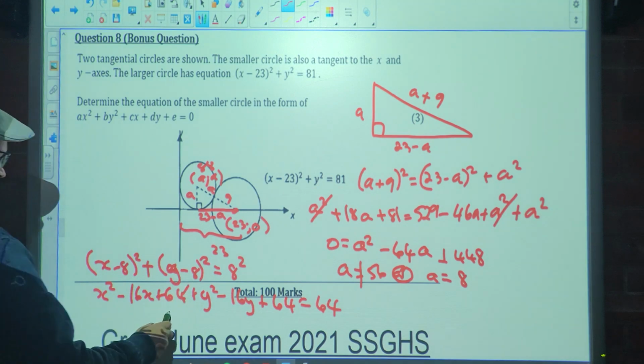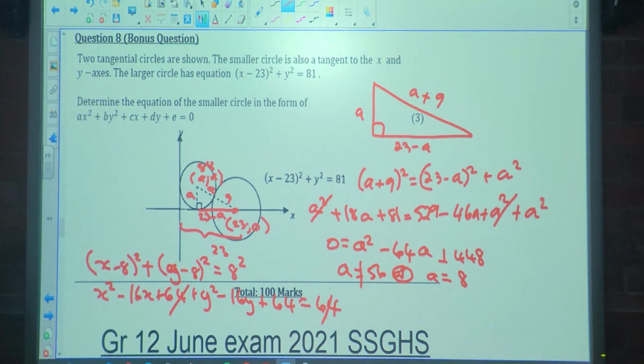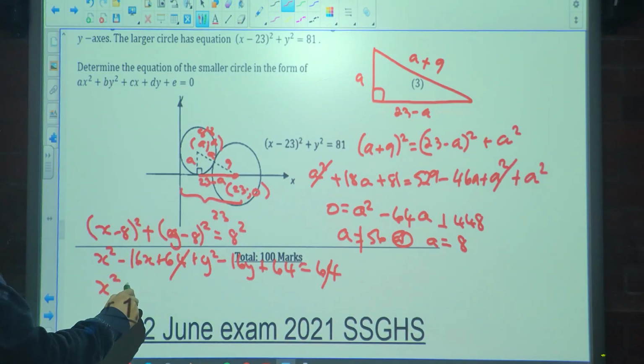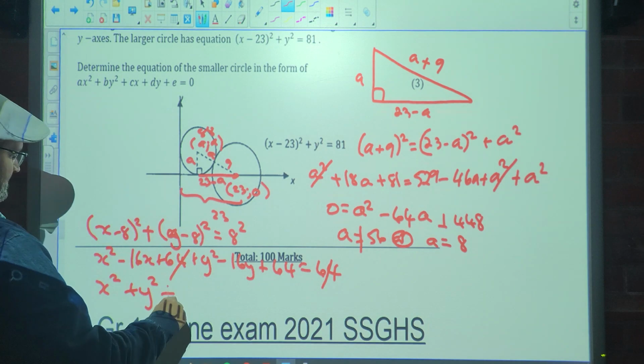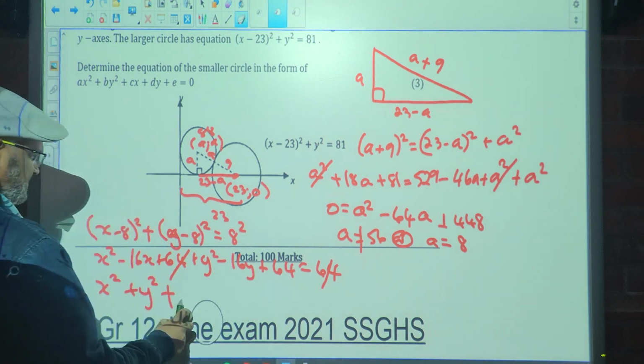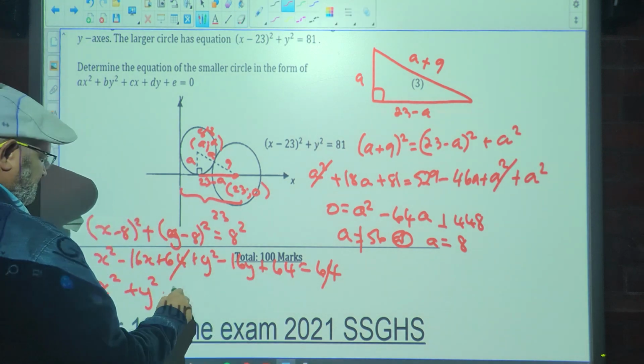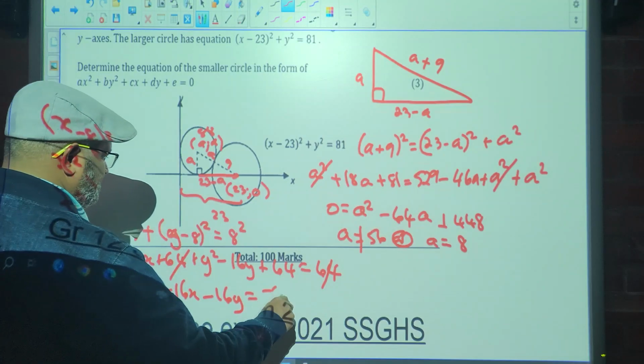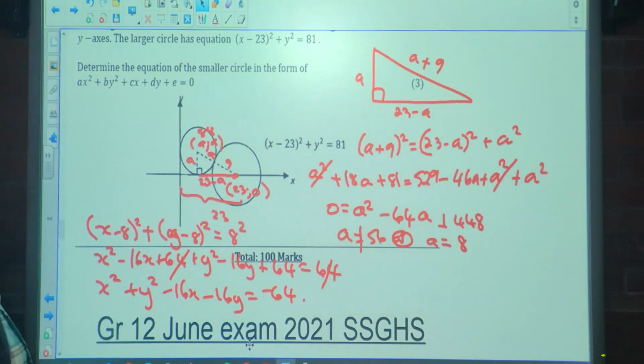Okay? And of course 64 cancels 64. And the format I wanted is the squares first, so it's going to be x squared plus y squared minus 16x minus 16y equal to negative 16.